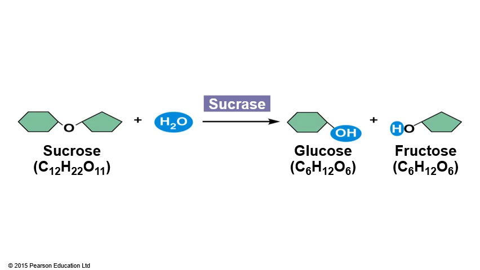This biochemical reaction is mediated by the enzyme sucrase. Without the enzyme, the process of this hydrolysis is too slow. But with the sucrase enzyme, the biochemical reaction is going to speed up. Yeah?